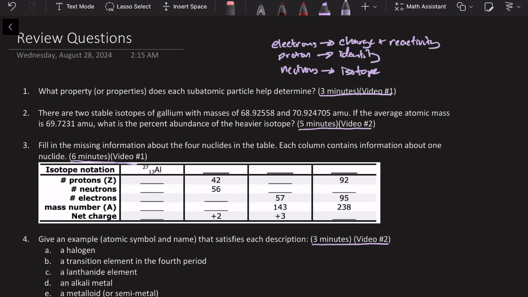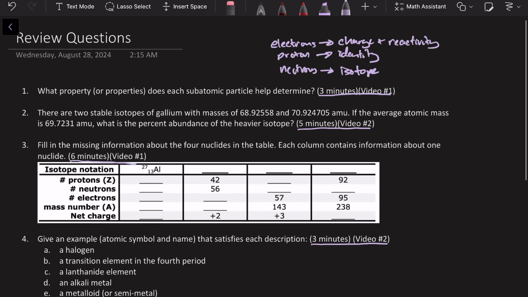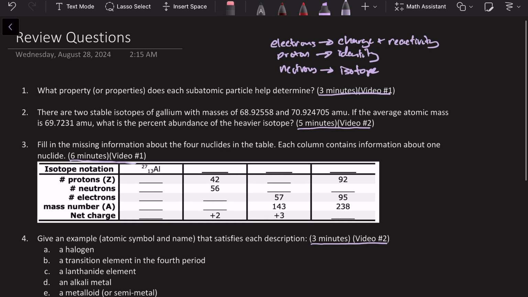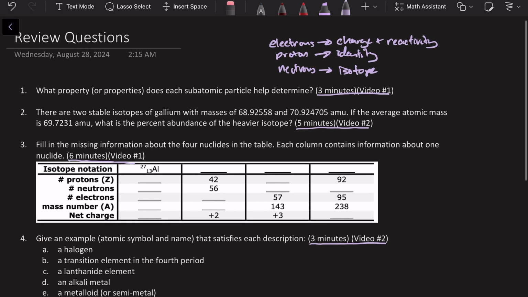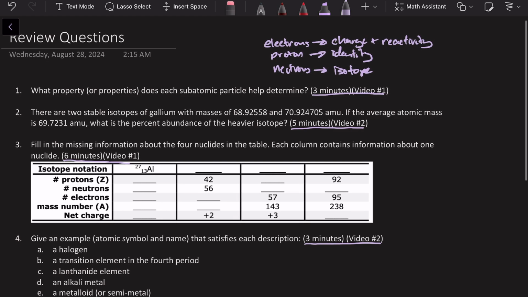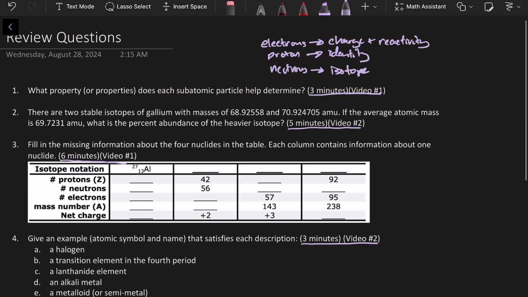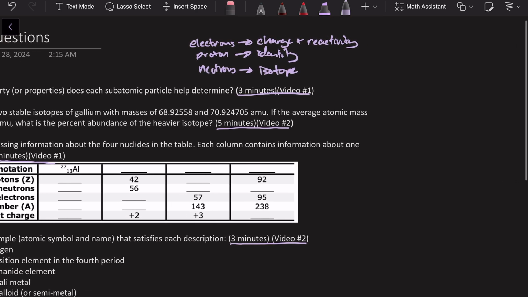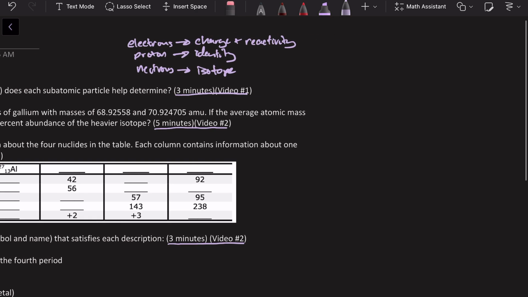Now, the next question we're looking at is there are two stable isotopes of gallium with masses 68.92558 and 70.924705 AMU. If the average atomic mass is 69.7231 AMU, what is the percent abundance of the heavier isotope?